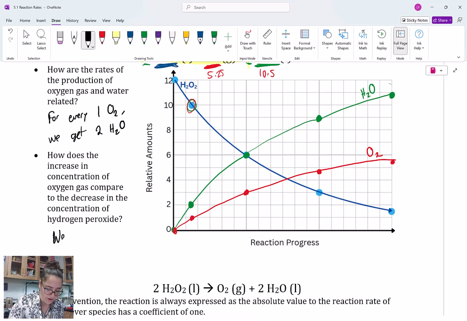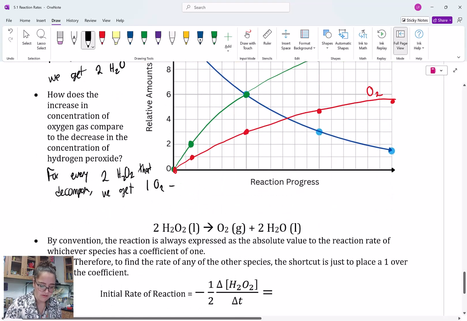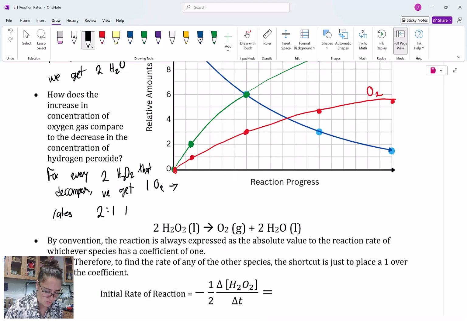Well, for every 2 H2O2s that decompose, we get 1 O2. So the rates are a 2-to-1 ratio, just like that stoichiometry. Okay? You can't have that oxygen gas appearing if we don't have that hydrogen peroxide decomposing.